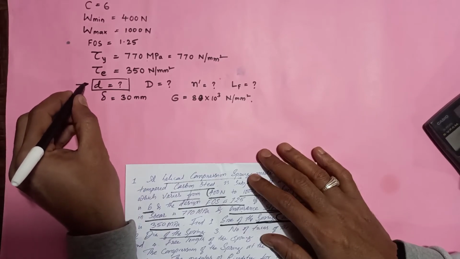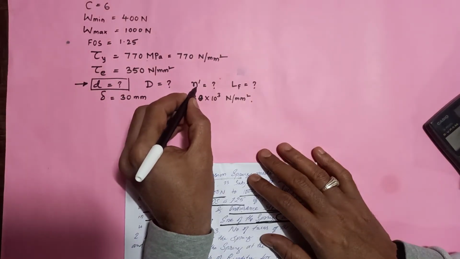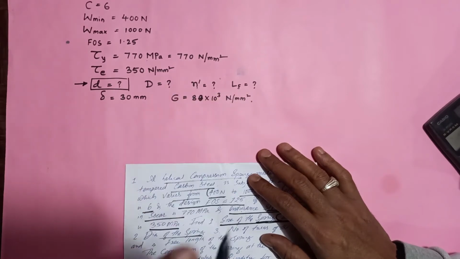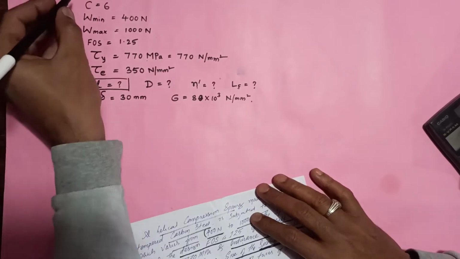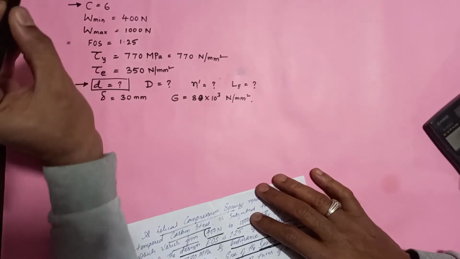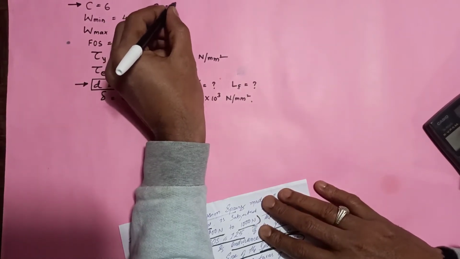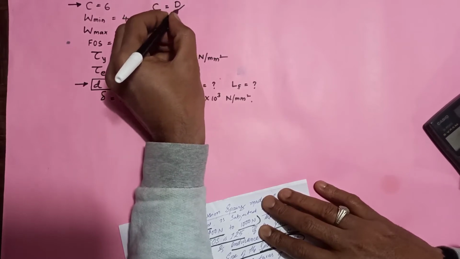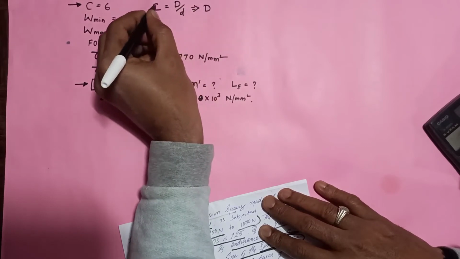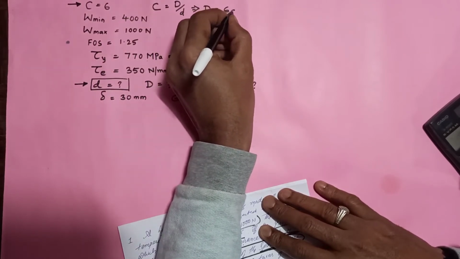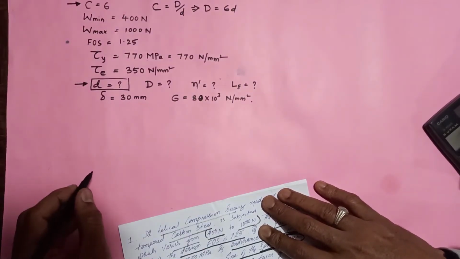If you calculate the diameter of the spring wire, then you can calculate the diameter of the coil, the number of active turns, and the free length of the spring. First, the spring index C is the ratio of the diameter of the spring by the diameter of the wire, so D is equal to 6 into d, where C is given as 6.